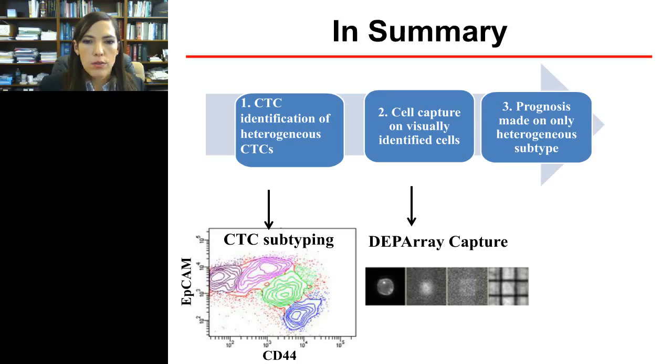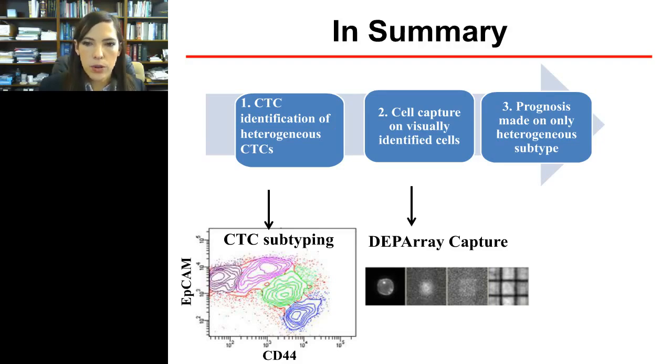We have discussed how we are able to capture visually positively identified cells using the DEPArray, and then those cells can then be used for further downstream characterization to provide the most information to a patient about their CTCs.